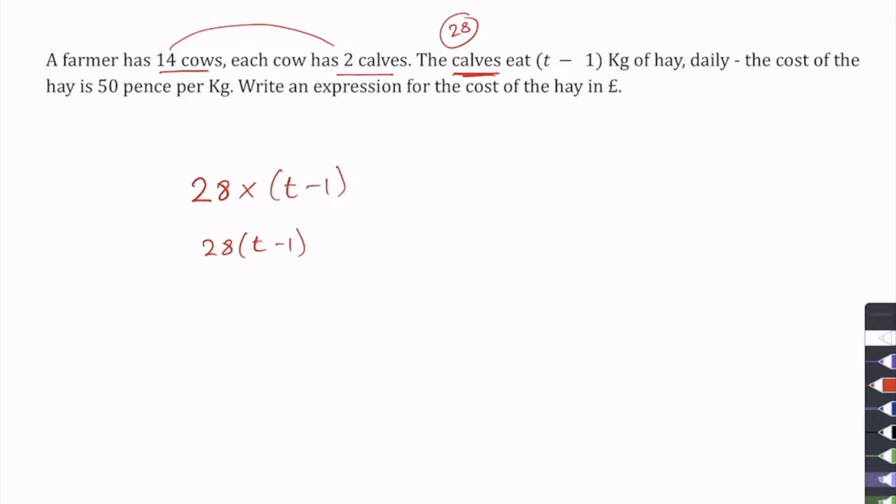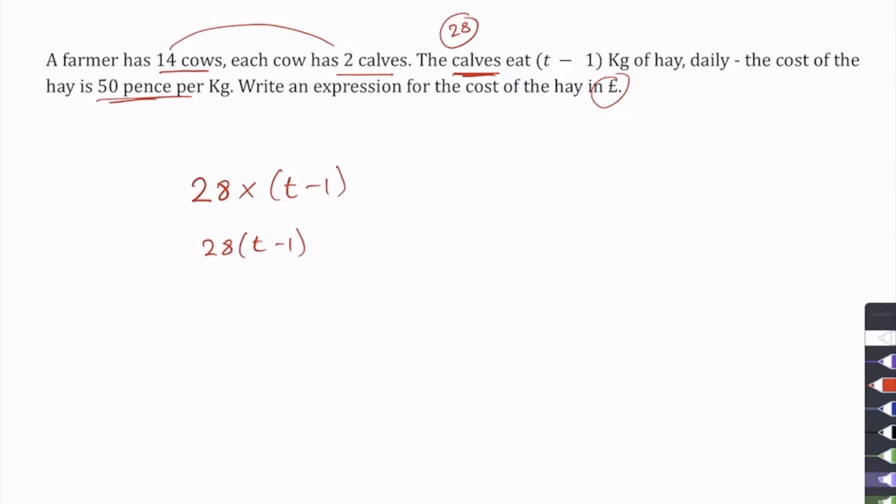Now, that's in kilograms. But the cost of the hay is 50 pence per kilogram. We want to write an expression for the cost of the hay in pounds. Well, if they ate 28 T-1 kilograms of hay, and the hay cost £5, we'd multiply the entire thing by 5. If it was £10, we'd multiply by 10.